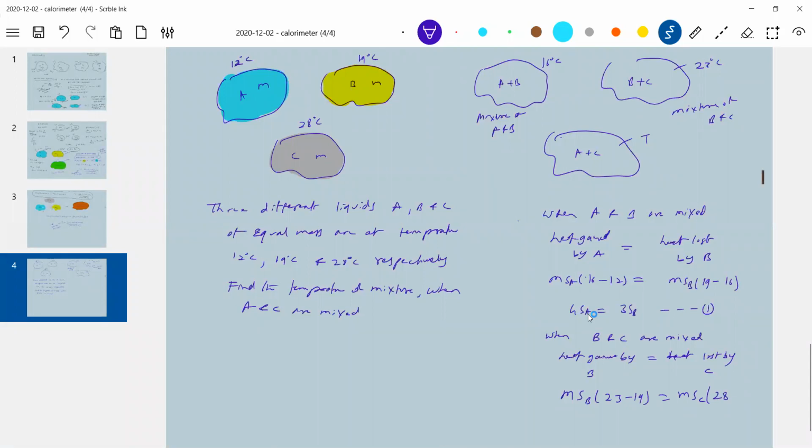Heat lost by C is mass into SC, initial 28 minus 23. This will be 4 SB is equal to 5 SC. Similarly, we'll start with this one.